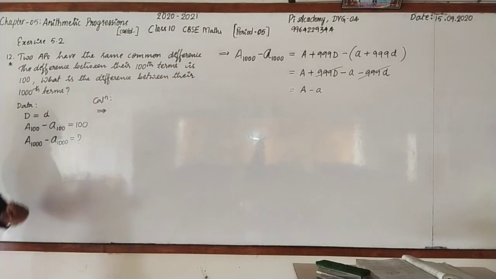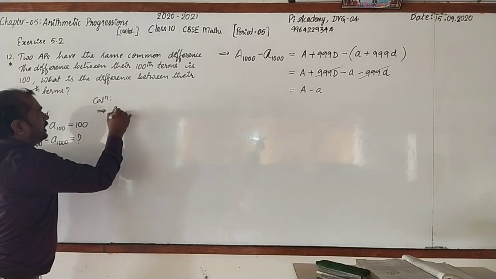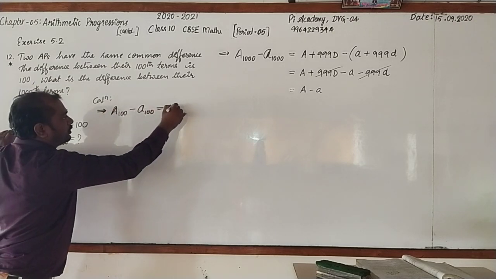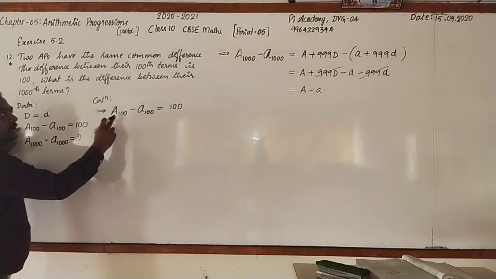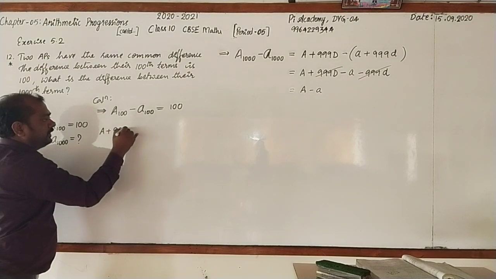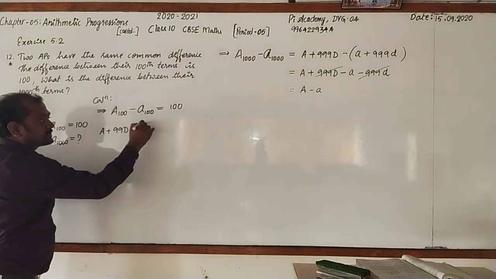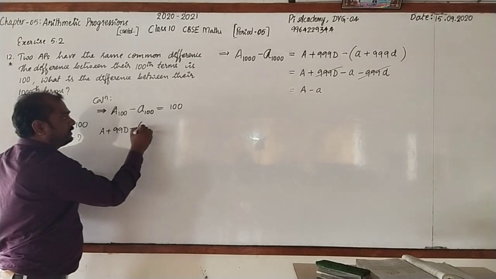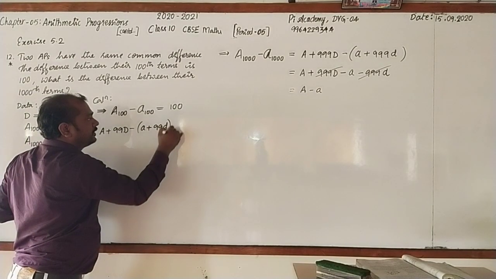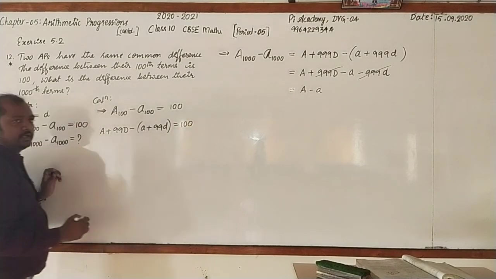Using this only we should find it out. Here, a100 minus small a100 is equal to 100. They have given a100 can be written as capital A plus 99 capital D, minus of small a100, it is small a plus 99 small d, it is equal to 100.